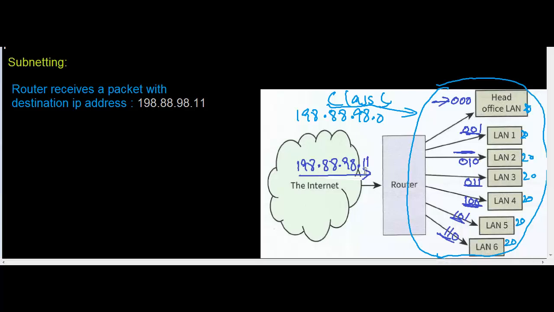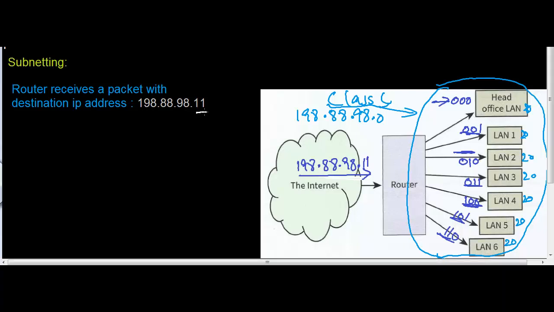Which one of the subnets will the router forward this packet to? As you can see, we have 8 subnets on the right hand side. So on which subnet is this packet going to go? Basically, which subnet has the computer with the IP address 198.88.98.11?